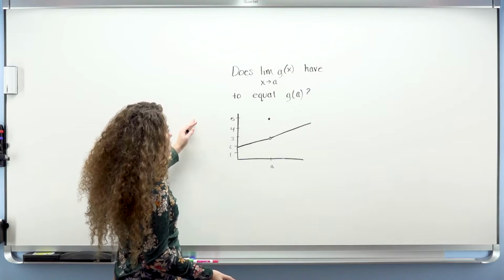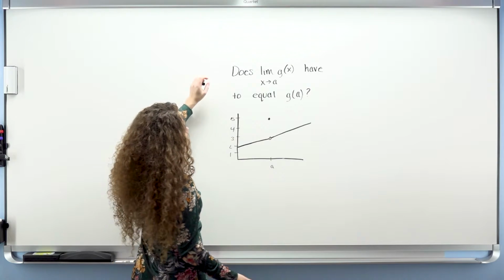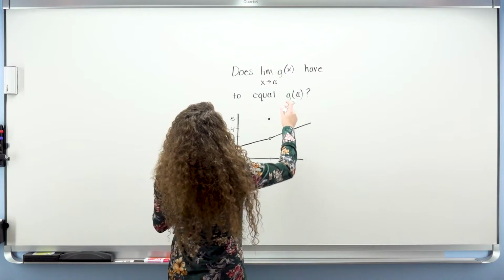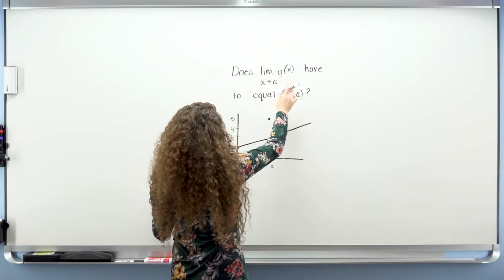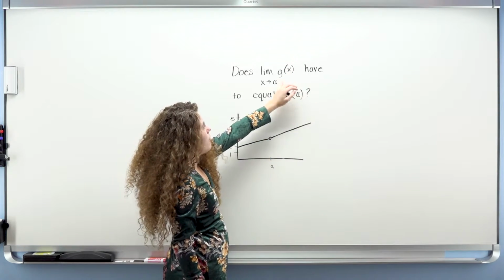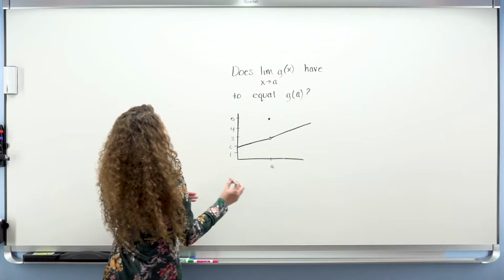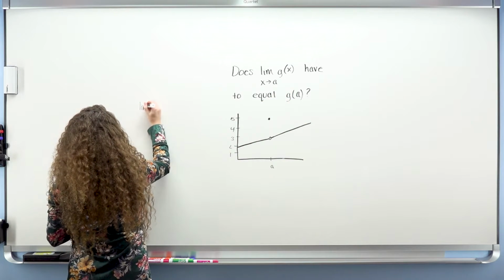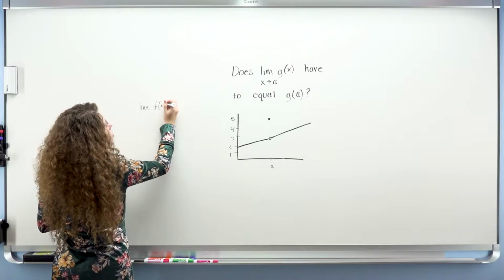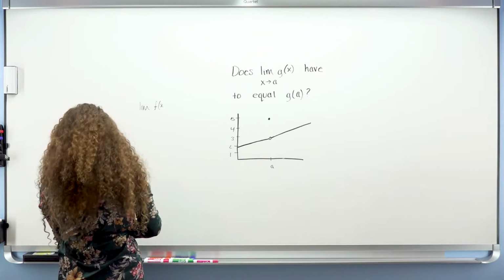So when we're asking this, we have the limit, the general limit, because we're not saying from the left or from the right. So this is the general limit. And again, with general limits, the limit of, in this case, it is g of x, not f of x.